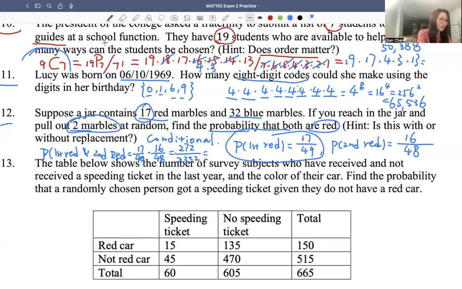So we divide by 2, still even number, divided by 2 again. So if you divide by 4, the denominator gets 588. Then 272 divided by 4, we get 68. Well, both are still even numbers. So 68 divided by 2, we get 34.